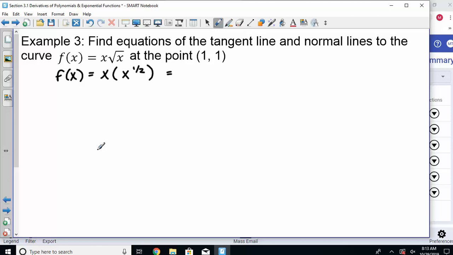So if I multiply these, what do you do with your exponents? Add them. And so 1 plus 1/2, this would be x to the 3/2.